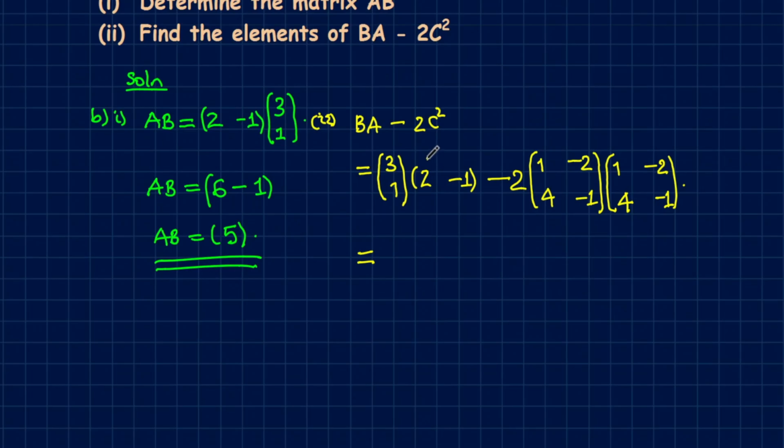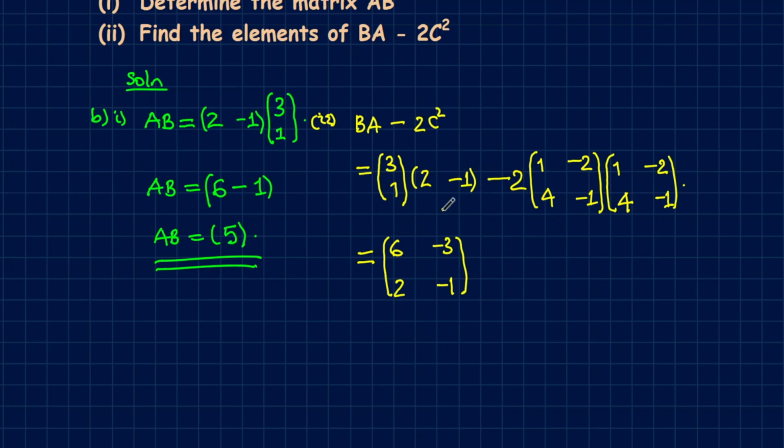The first row multiplies the first column, which gives the first element here, that is 3 times 2, which is 6. The first row and second column gives negative 3. The second row and the first column gives 2 at this position, and lastly the second row and second column gives negative 1 at this position.